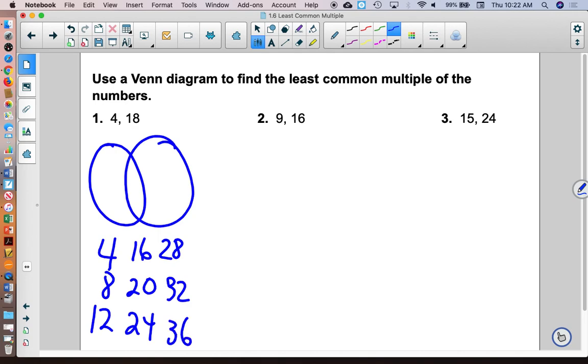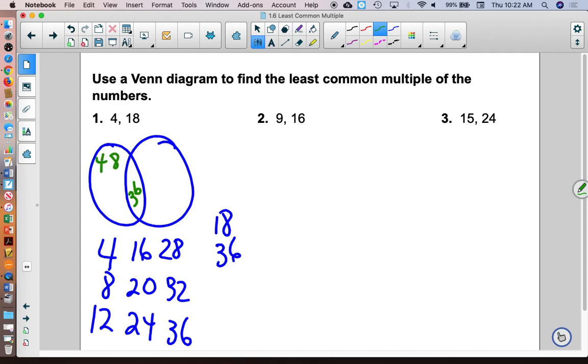Okay, I'm going to stop right there, because I'm looking at that number 18. Now, I'm going to skip count by 18s. It's a little bit tougher. I have 18, 36. Do I need to go any farther? No. Why not? Brian, why not? Because in 18 there's 36 and in 4 there's 36. Sure is. So I put my 36 right there.